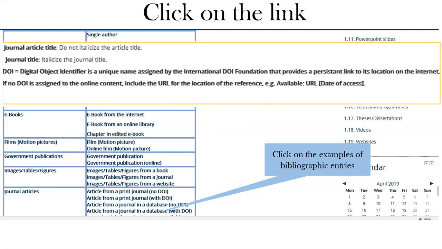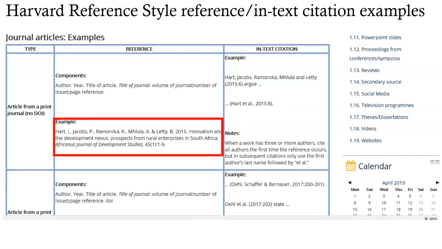If no DOI is assigned to the online content, include the URL for the location of the reference. And then you have your example there. You have to use this example exactly the way you see it here, according to the format. Use your components.